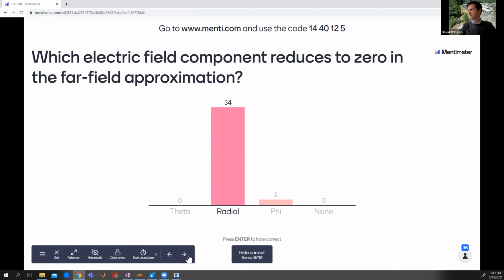So I'm going to move on to the next one. I think you see the more answers coming in, but all following on to radial.